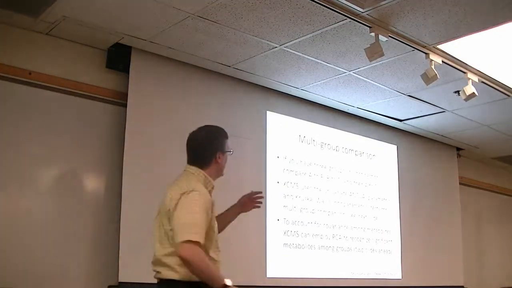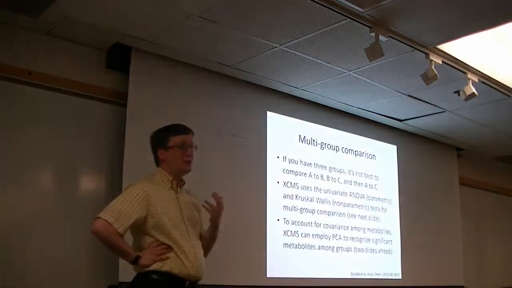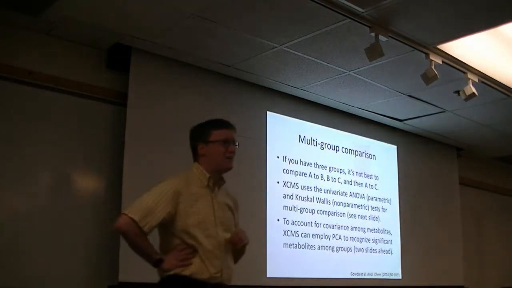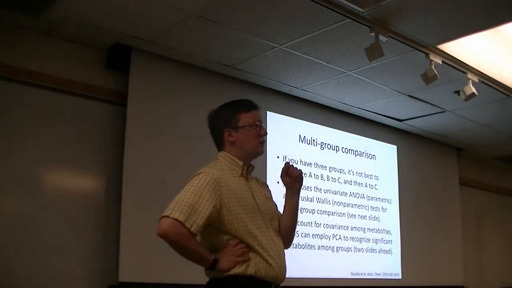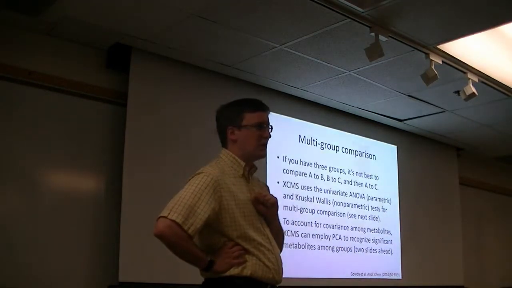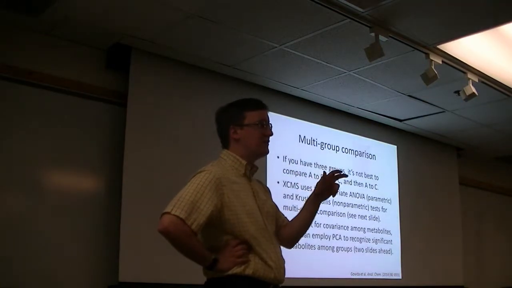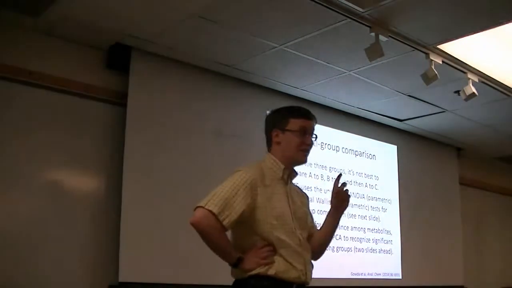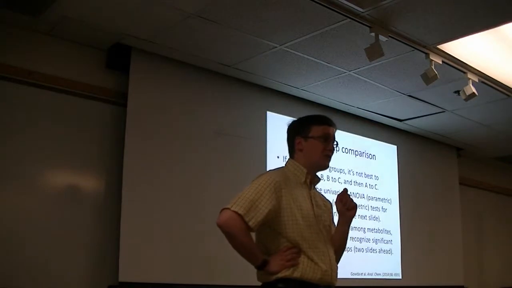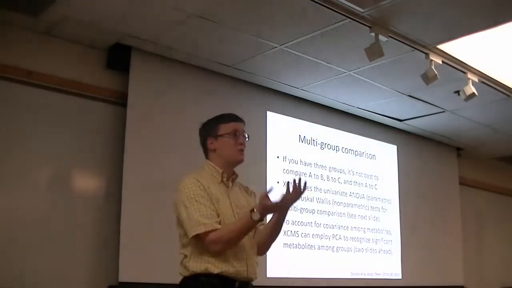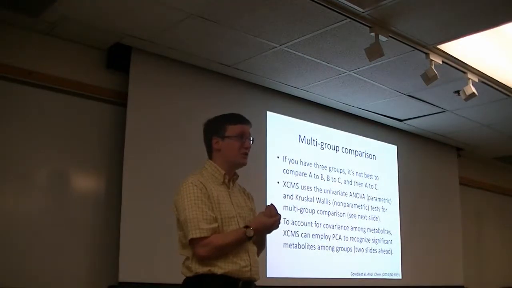Okay. So if you have a multi-group comparison, you might imagine, we'll call them A, B, and C, that one way to deal with what's different among these experiments is to compare the A's to the B's, compare the B's to the C's, and then compare the A's to the C's. But there's a weakness in that because you'll have computed a whole lot more tests than was actually appropriate to do.